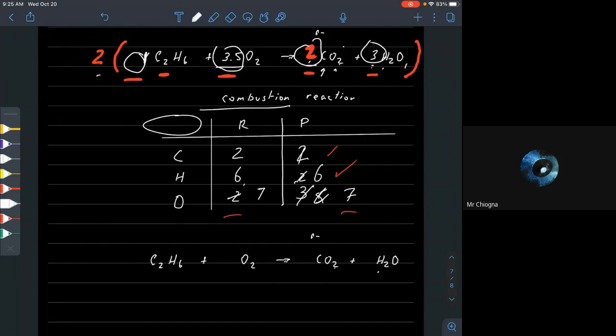It's not shown, but there's a 1. 2 times 1 is 2. 2 times 3.5. Here's the one we had to fix, is 7. That's a whole number. Now it's correct. 2 times 2 here is 4. 2 times 3 here is 6. You're now done.